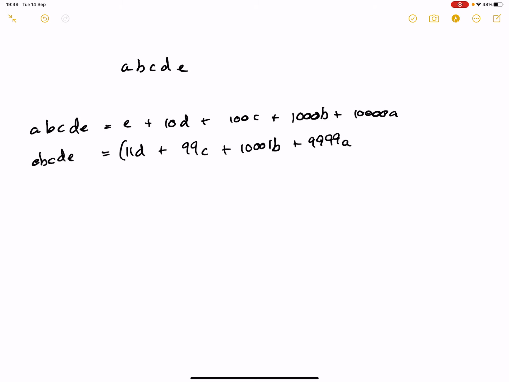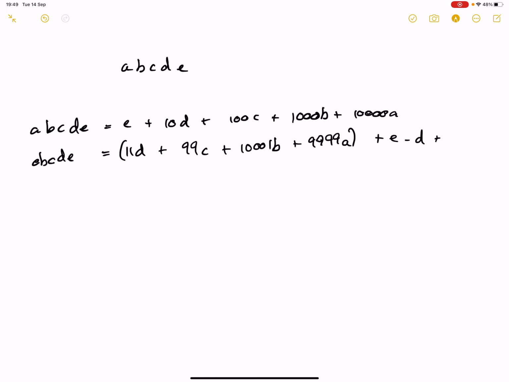9,999A. Now note that these are all multiples of 11, but they're all plus or minus 1 from a multiple of 10. That's going to be important when we're proving for the general case. Plus E, because we haven't listed an E here. Minus D to get to our 10Ds.